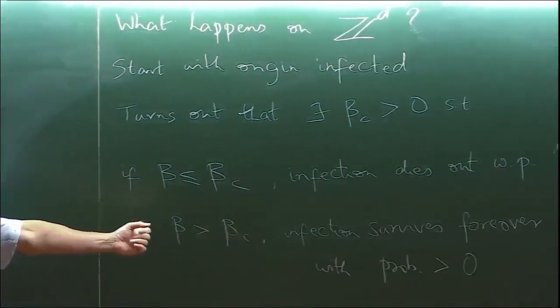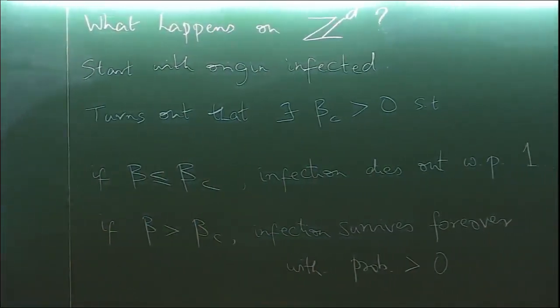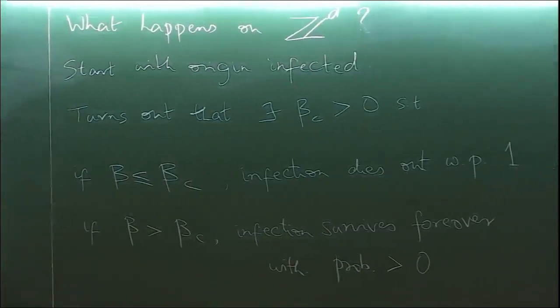What the probability is will depend on how much beta is bigger than the critical value, but it's strictly positive. Yeah, the critical parameter depends on d. Okay. And I don't think it's explicitly known in any dimension. At critical also it dies out, yeah.